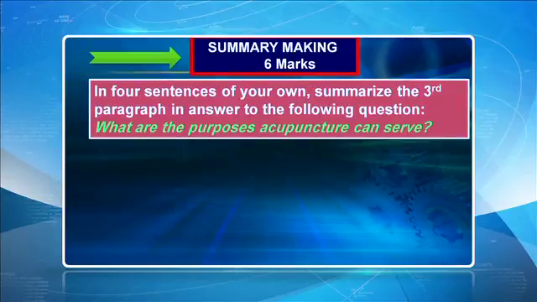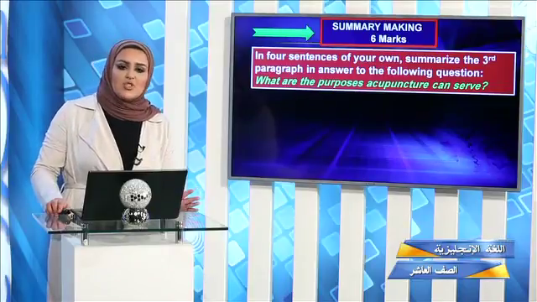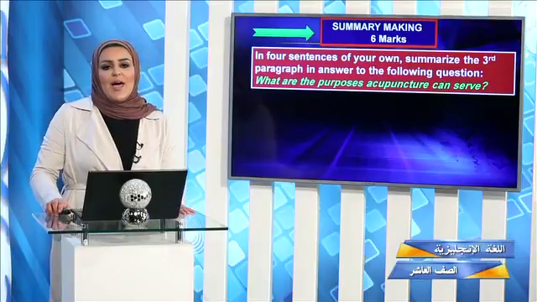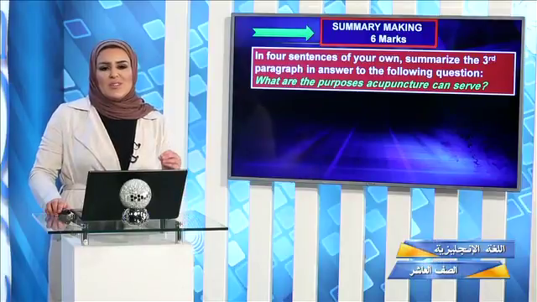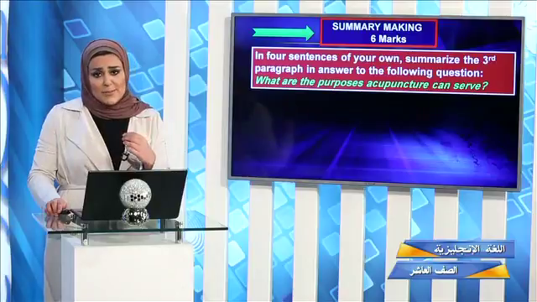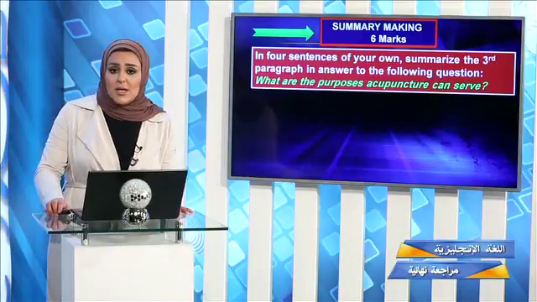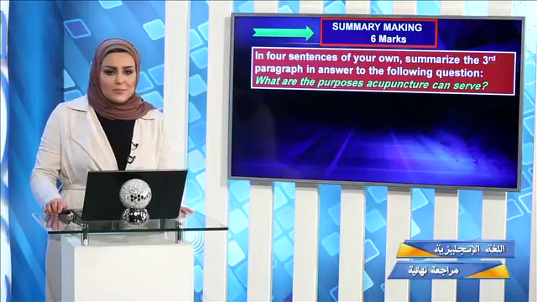Now, after you are done with answering the 2 questions related to the reading comprehension, you will move to the summary making. In the summary making, you will be summarizing a paragraph from the passage itself. Here you will have to do a few steps, and I will give you some tips that may help you in writing the summary very well.